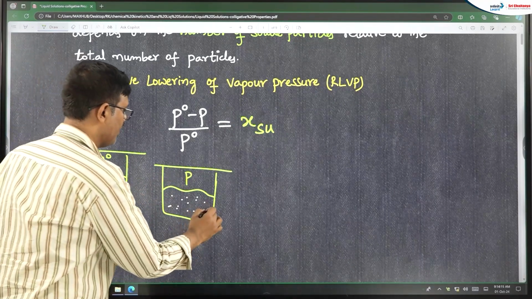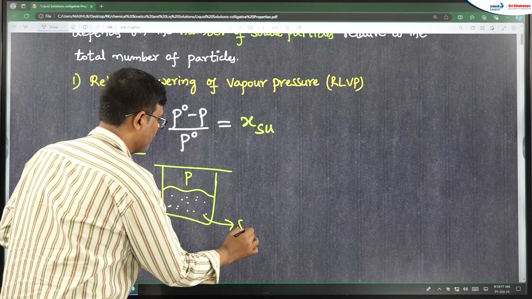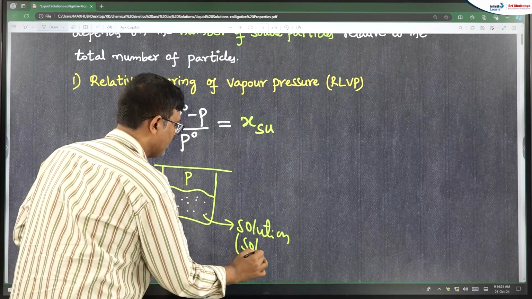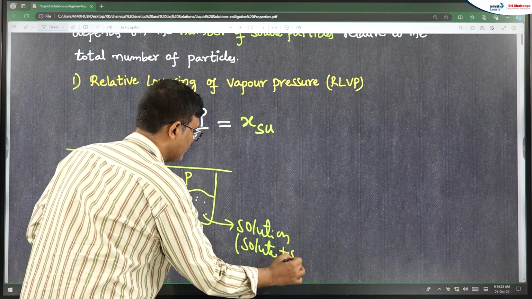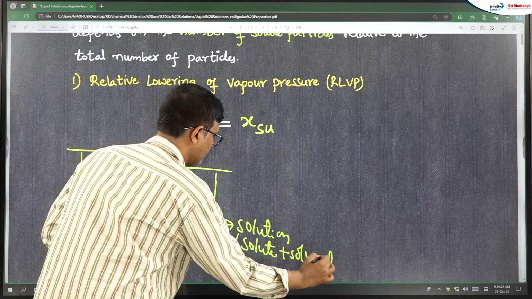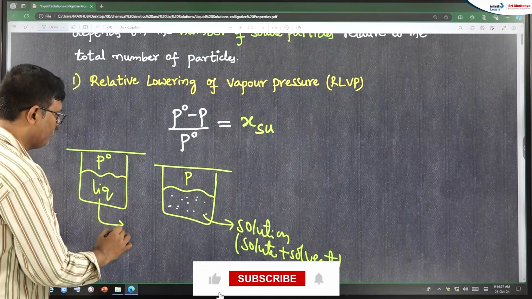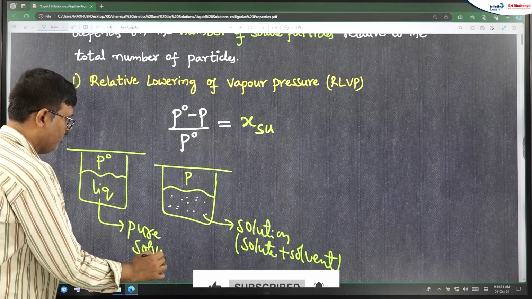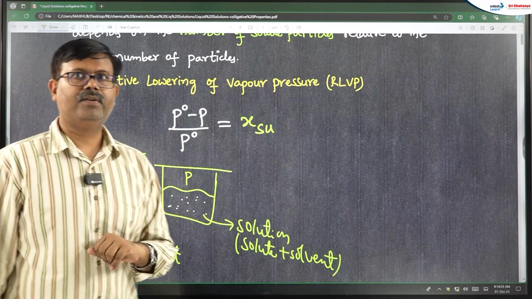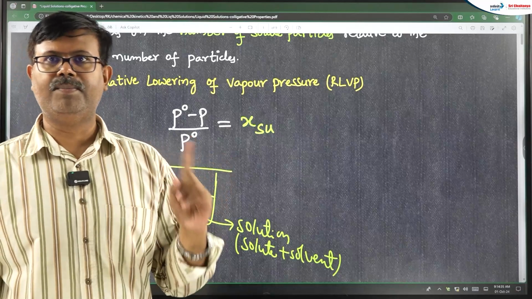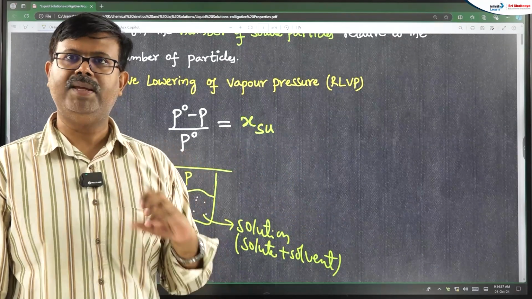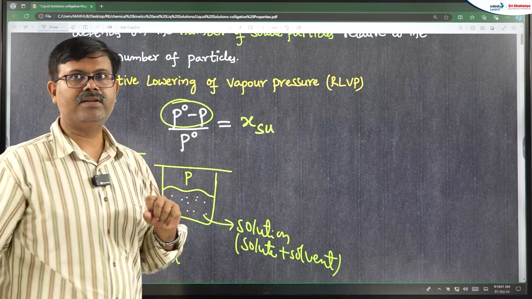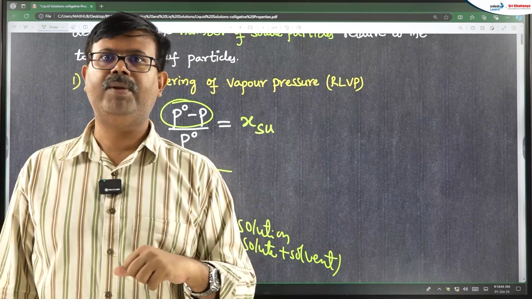Now this is a solution. Solution means solute present along with solvent, whereas the first case is pure solvent. There is no solute here. So in pure solvent the vapor pressure is P0, in solution the vapor pressure is P. Now this P0 minus P is called lowering of vapor pressure.